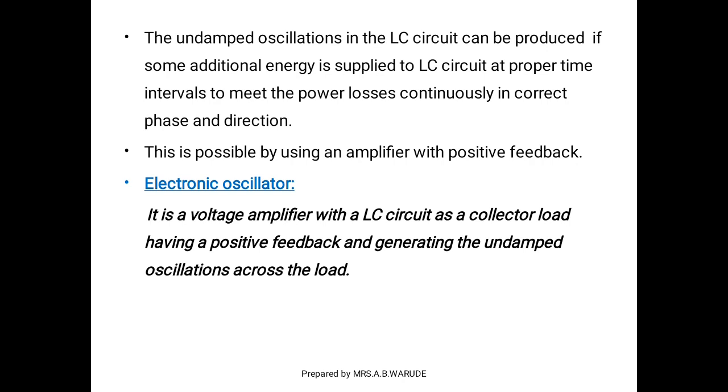Undamped oscillations means oscillations having the same amplitude with respect to time, and this is possible by using an amplifier with positive feedback. Therefore we write the definition of electronic oscillator as: it is a voltage amplifier with an LC circuit as a collector load, having positive feedback and generating undamped oscillations across the load.